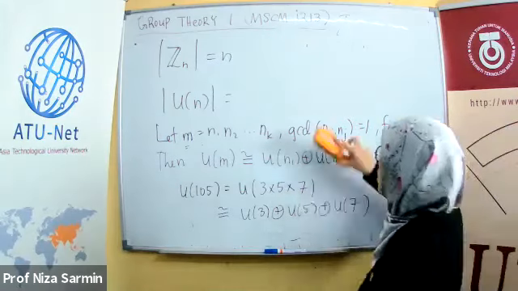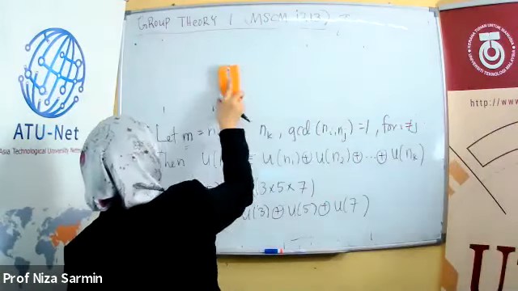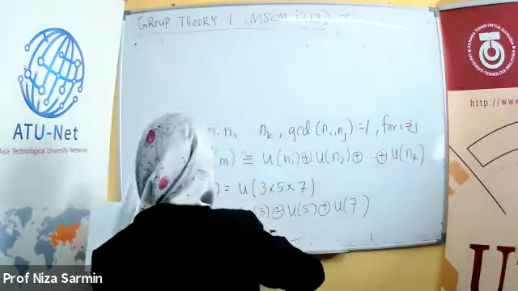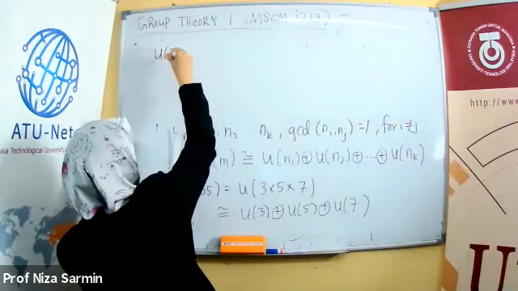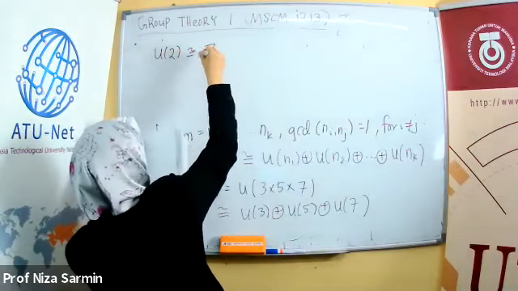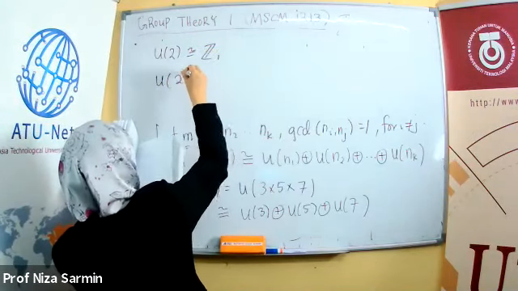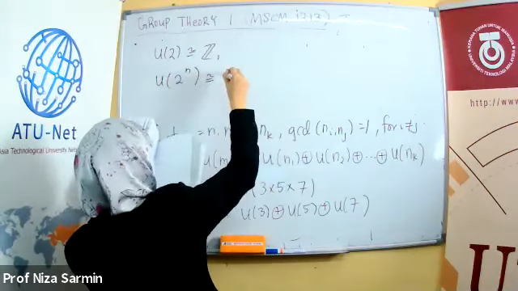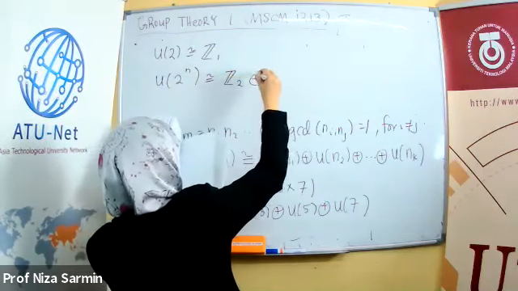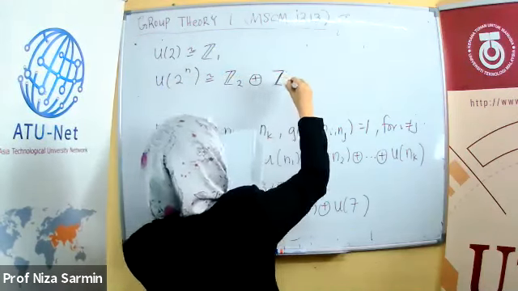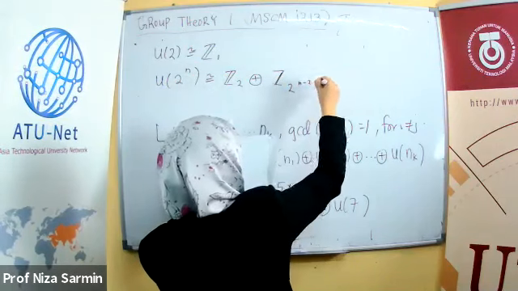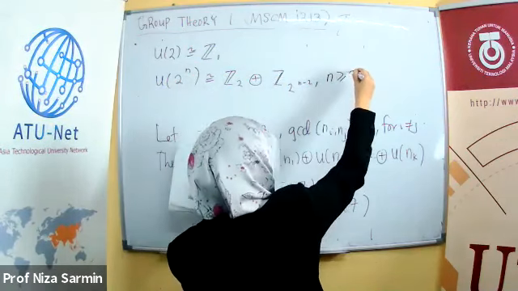Now, next you have this formula. U2 is always isomorphic to Z1. And U of 2 to the n is isomorphic to Z2 plus Z of 2 to the n minus 2. This one is a typo, yeah?